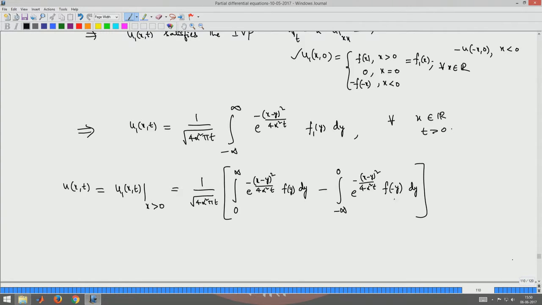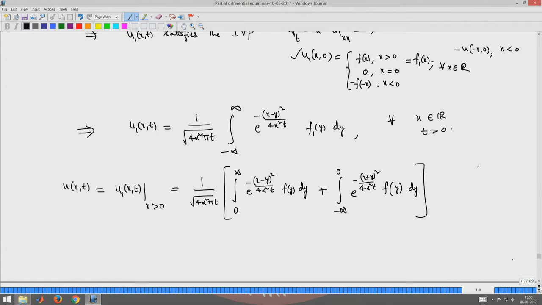Now, if you change the variable, replacing y by minus y, then you have f of y, and dy becomes minus, so that is going to be plus, and x minus y becomes x plus y. So, this is what it becomes after the change of variable.